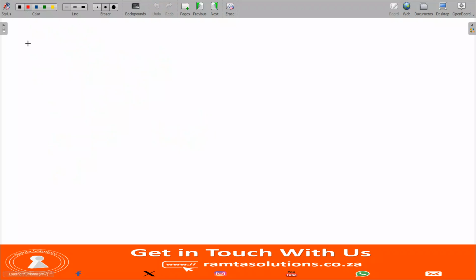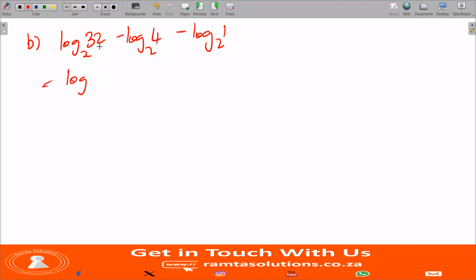Now, let's look at question B. It is log 32 base 2 minus log 4 base 2 minus log 1 base 2. 32, we know it to be 2 to the 5, so it'll be log 2 to the 5 base 2. 4, we know it to be 2 to the 2, so it'll be log 2 to the 2 base 2 minus log 1.